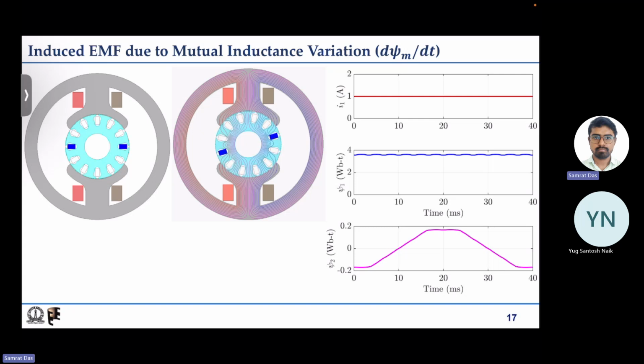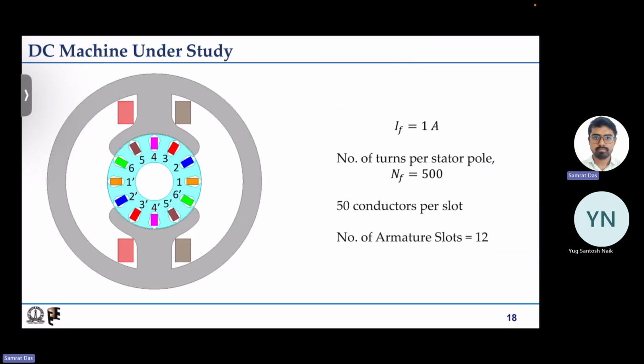Although the current and the flux produced by coil 1 are constant, the flux linking the second coil, the blue coil, is actually changing with rotor position. Because of that, there is some psi 2 which is varying with time, and because it is varying with time, there will be some d psi/dt, that is the induced EMF. There will be some positive induced EMF in the rising portion and some negative induced EMF in the falling portion, zero otherwise. If flux linkage does not change, then there is no induced EMF.